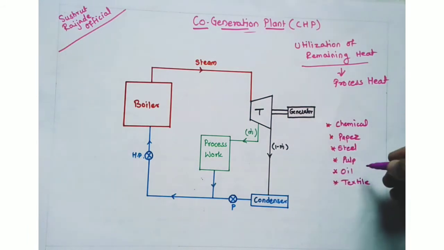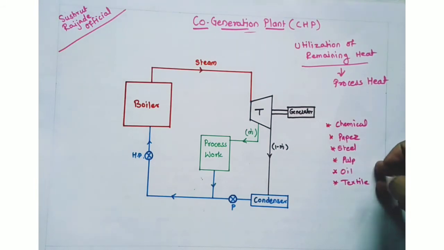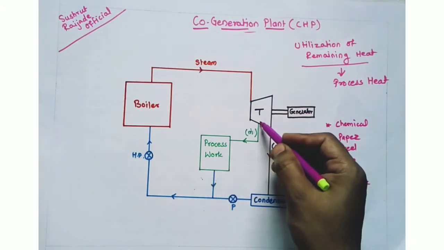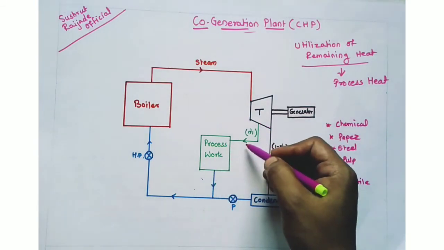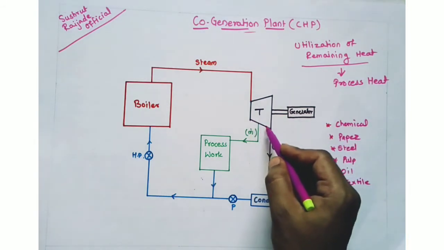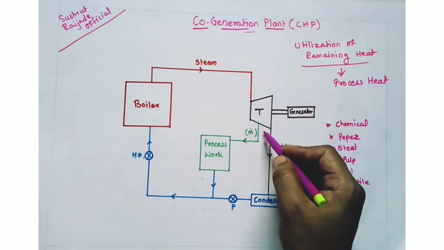In these industries, steam or heat is required. Therefore, the heat is produced with the help of this extracted steam, or process heat. According to the application, that process heat is extracted from the turbine.